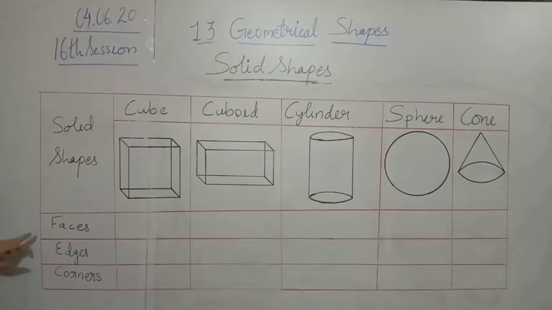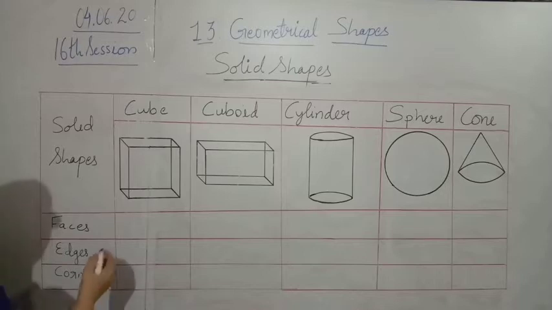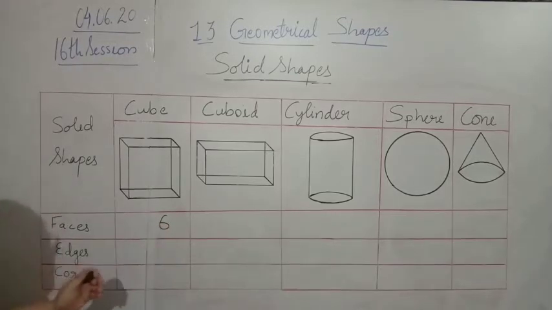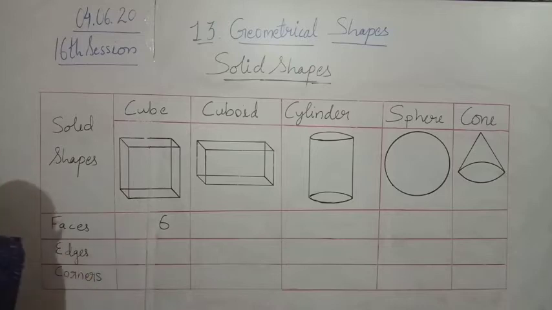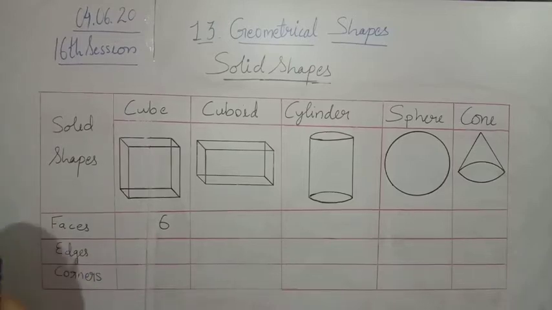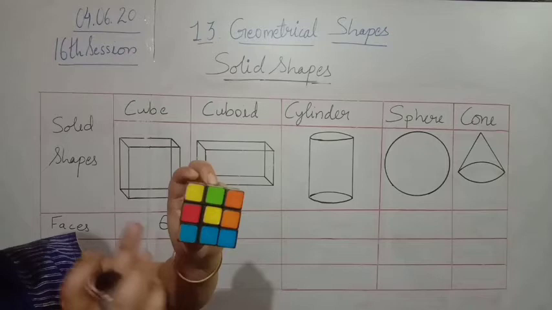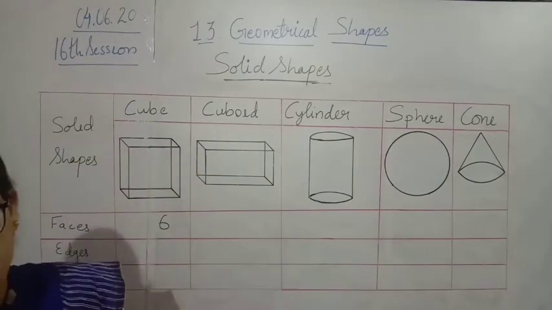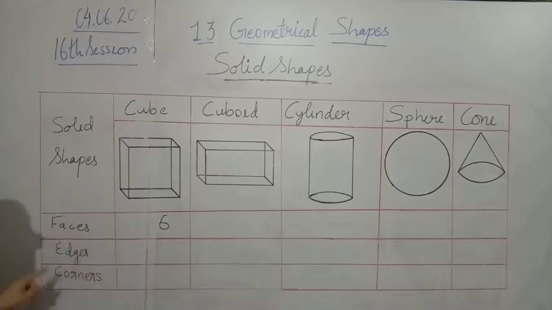Now how many faces does cube have? We have seen that a cube has 6 faces. See here, 1, 2, 3, 4, 5 and 6. There are 6 faces. Now how many edges are there?